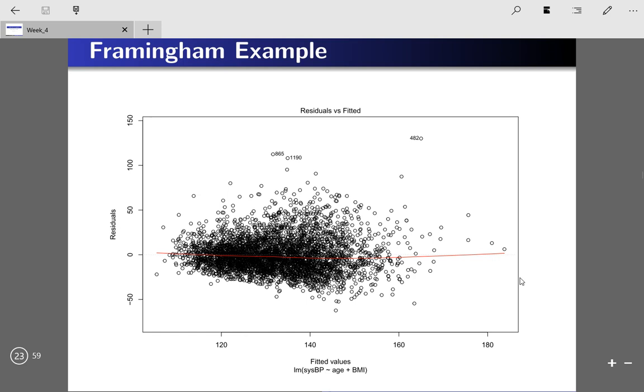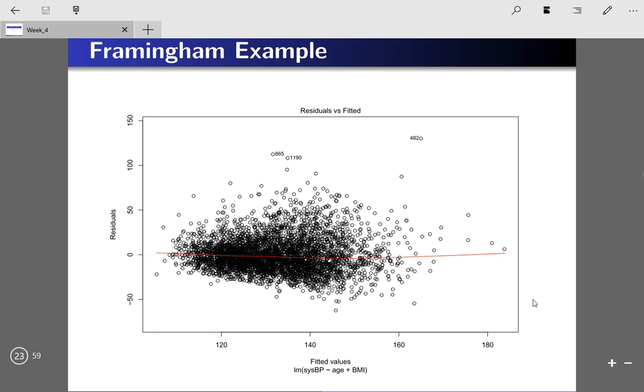In terms of independence, this plot can tell us if that assumption is violated, but it can't really tell us if it's met for certain, because there are other ways it can be violated that can't be displayed on this plot. But in terms of independence, what we'd be looking for is some sort of functional form or some sort of clear pattern in the points on this plot.